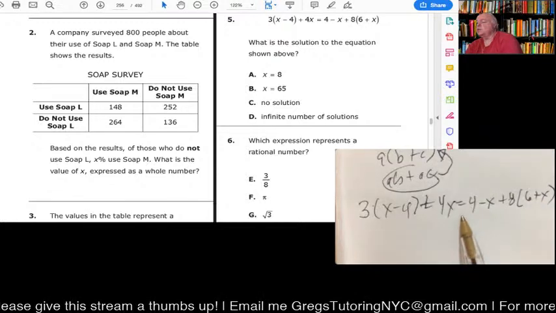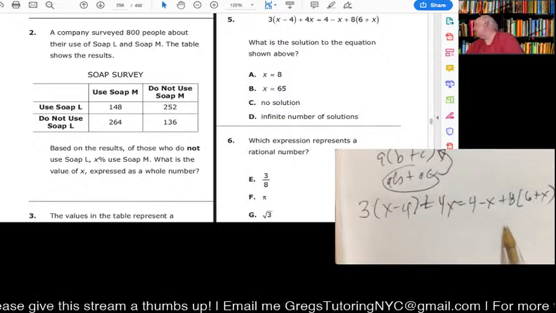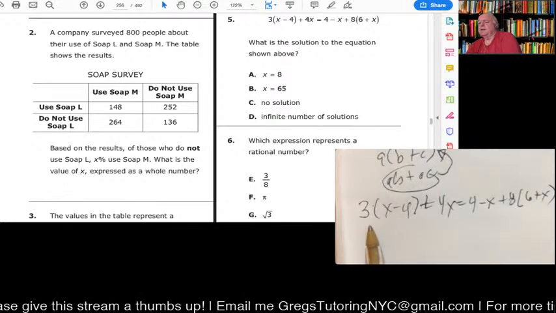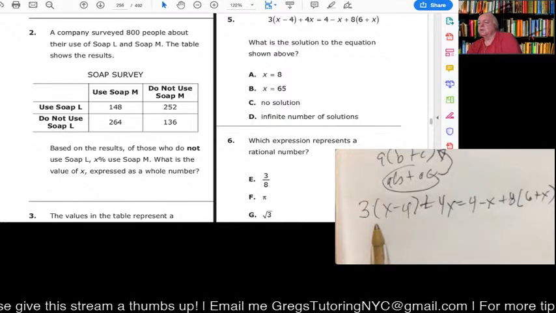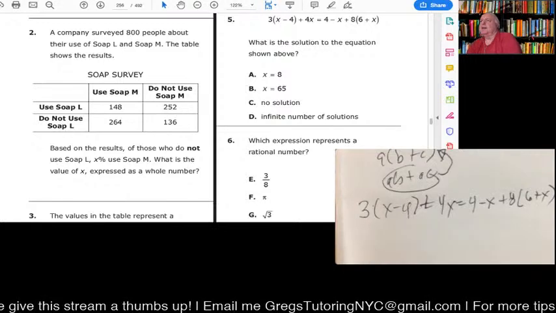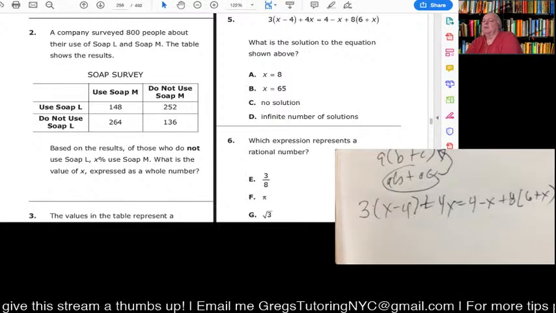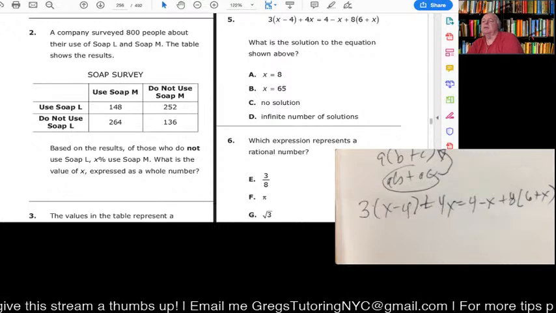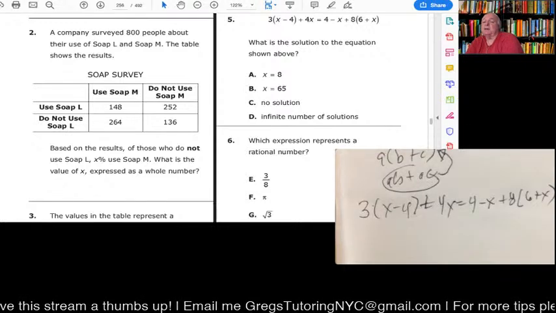Now in the real test, you're going to have the sheet where you can do the work right underneath it. Actually, I have that piece with me, and I should have done it that way instead of writing this over. But if you copy something, make sure it is what the original problem was, even if it's a temporary solution. There's so many kids I've helped over the years where they get a computation like 123 and they end up writing 120. Everybody does it. I do it. The problem is not so much that you do it. The problem is making sure and double checking that you are fixing a problem once you see it.